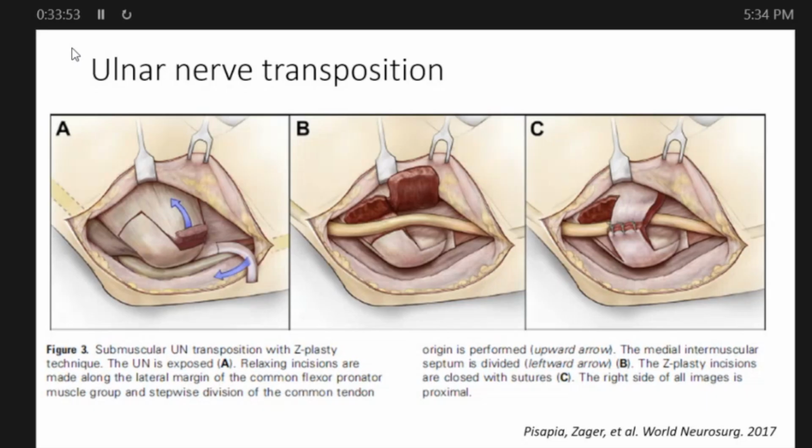Of course, with thoracic outlet, if you have deficits, then you're going to have both median and ulnar distribution deficits. So you'll see hypothenar and thenar eminence atrophy with a classic true neurogenic thoracic outlet. You don't see that with ulnar entrapment neuropathy because it's purely in the ulnar distribution.